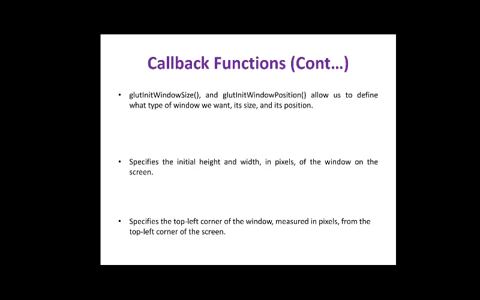If I want to resize the window, or if you want to change its position, for that purpose I am using glutInitWindowSize, and in that you initialize the window size, here width and height. By default the size is 300 by 300.